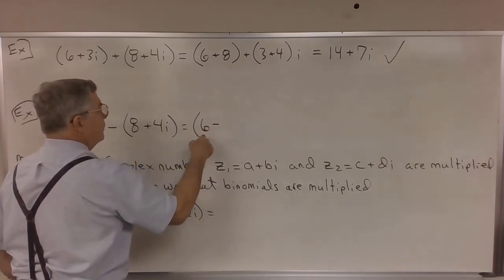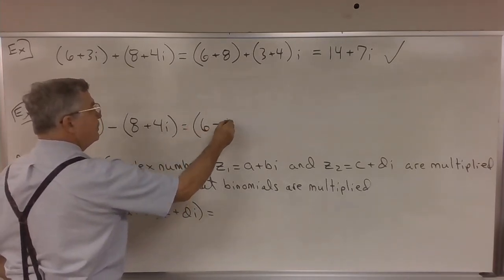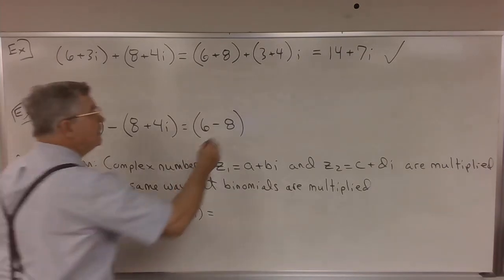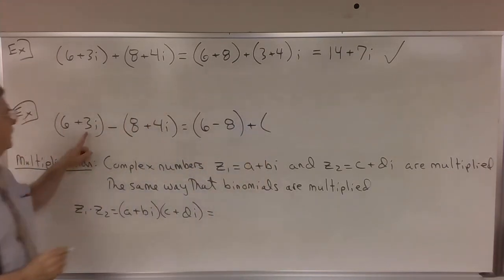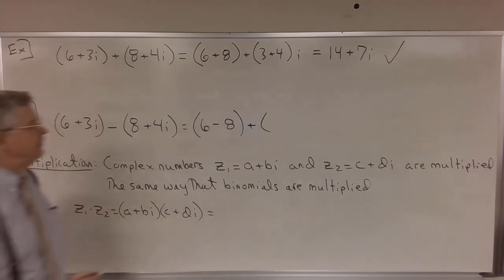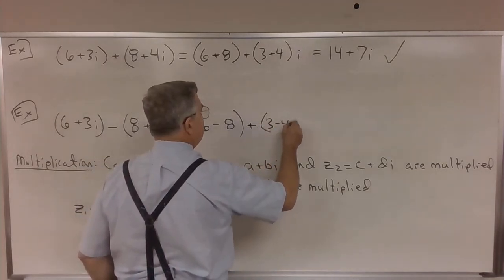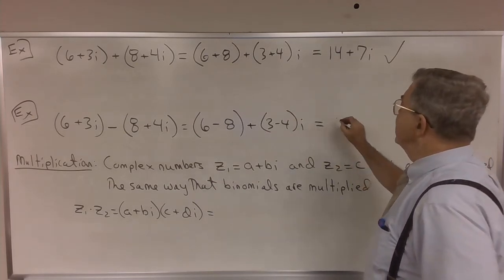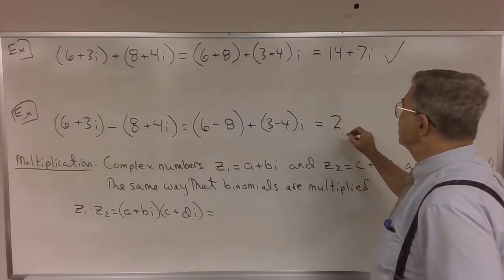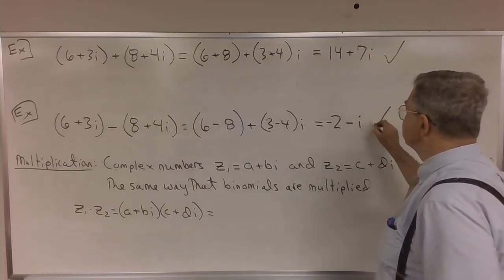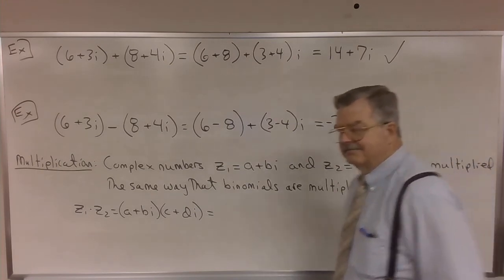So we have real part of the first minus real part of the second, plus imaginary part of the first minus imaginary part of the second, times i. And that gives us, no it doesn't, it gives us negative 2 minus i. Ta-da!